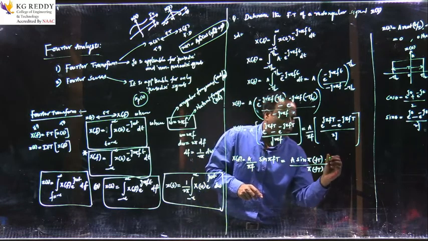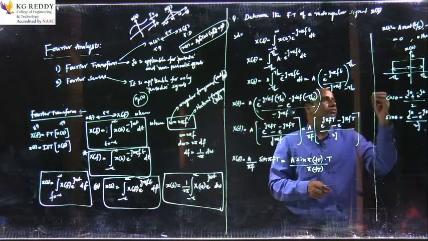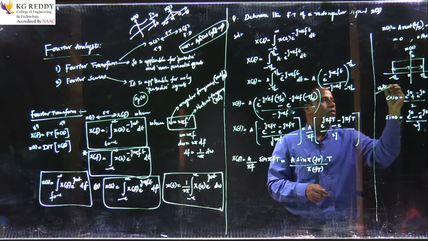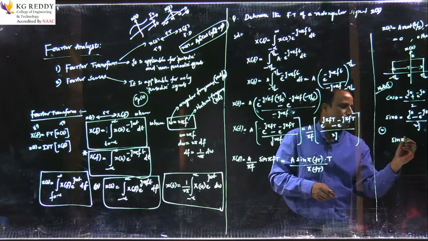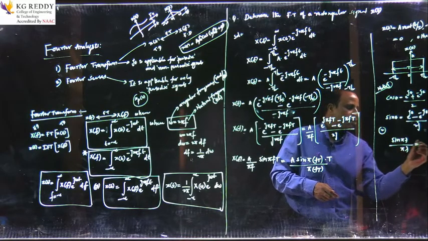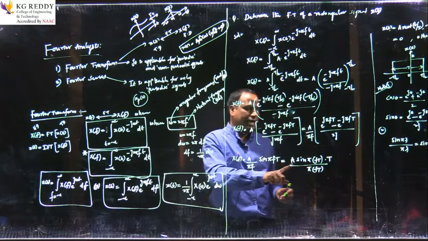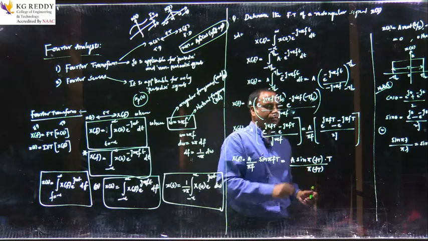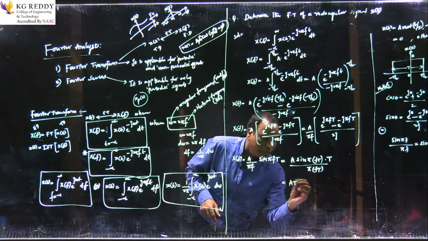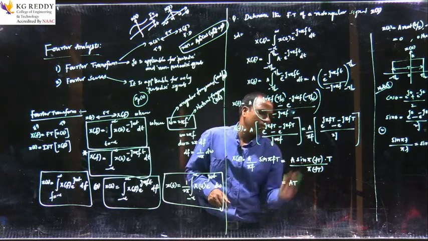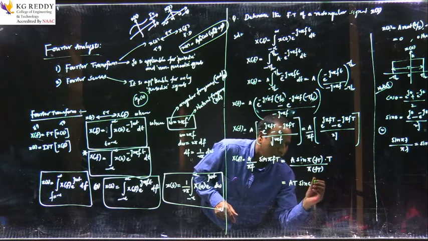I am trying to multiply and divide with the t, in order to convert this into this particular format. Now in this case a sine pi lambda, in the place of lambda we have ft, pi lambda. So this can be minimized as a t sine pi lambda divided by pi lambda, which is the sinc lambda, in the place of lambda we have ft.